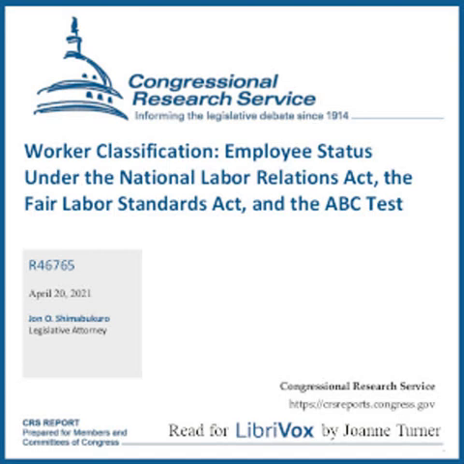B. Whether or not the one employed is engaged in a distinct occupation or business. C. The kind of occupation, with reference to whether, in the locality, the work is usually done under the direction of the employer or by a specialist without supervision. D. The skill required in the particular occupation.